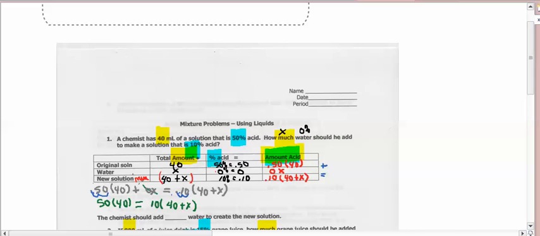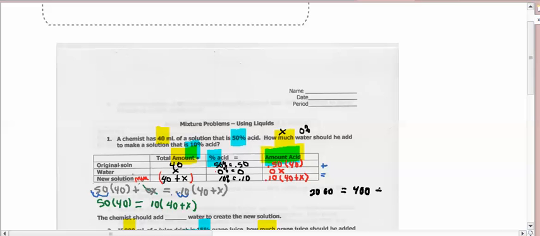Now let's go ahead and do the math. We can probably multiply in our head, and I'm going to do my work over here. 50 times 40, what's 5 times 4? It's 20, and then there's 2 zeros, is equal to 10 times 40, so 1 times 4 is 4, and there's 2 zeros.